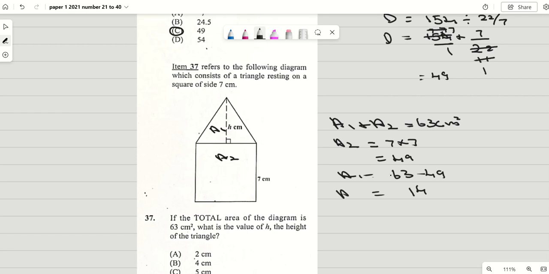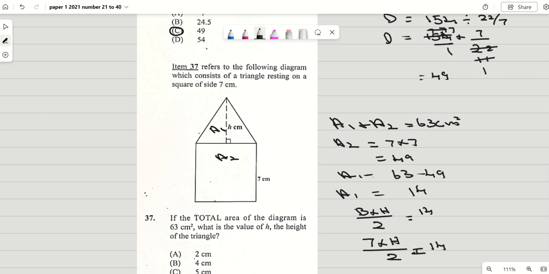So A1 is equal to 14. We already know the area of A1 is base by height all over 2, which is equal to 14. We know our base is 7, so it's 7 times height all over 2 is equal to 14.